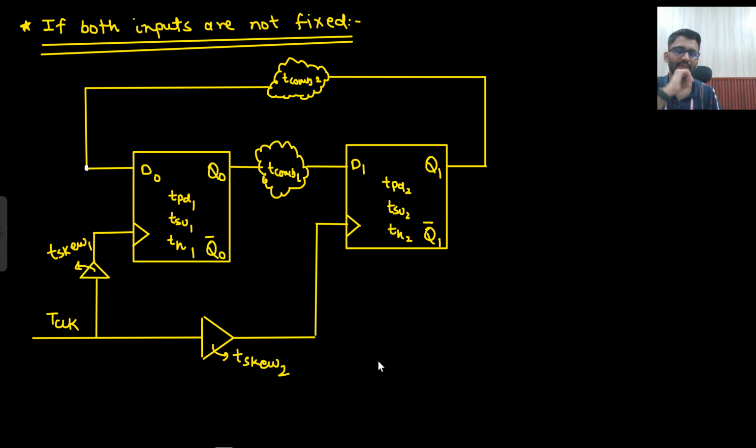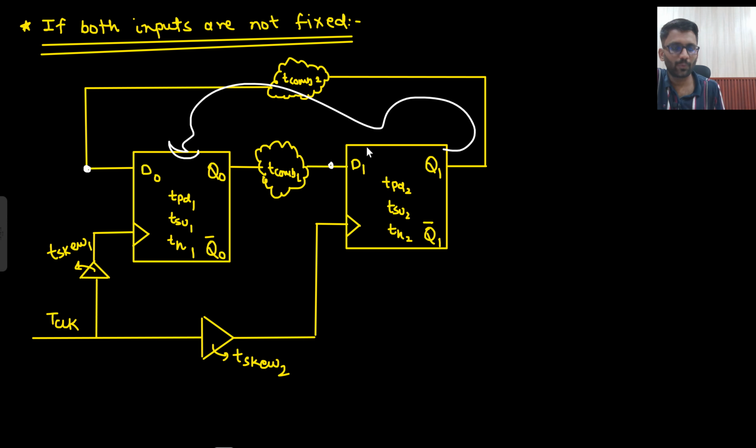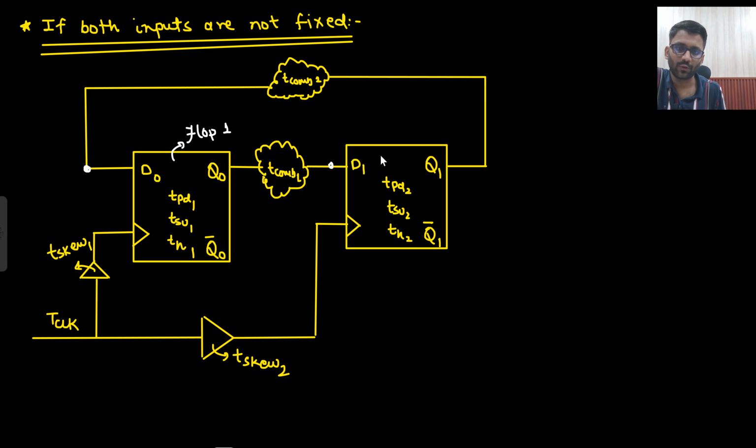Look, what you can do is assume my D node is fixed. At some point it would be fixed only. Then go from flop 1 to flop 2 and write down the T clock and TH. Then assume D1 to be fixed and go from flop 2 to flop 1. Basically this is your flop 1 and this is your flop 2.